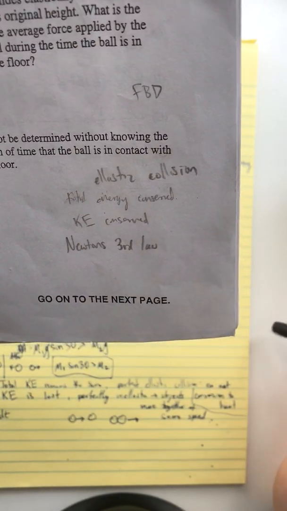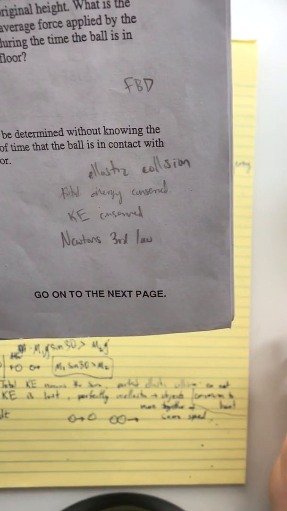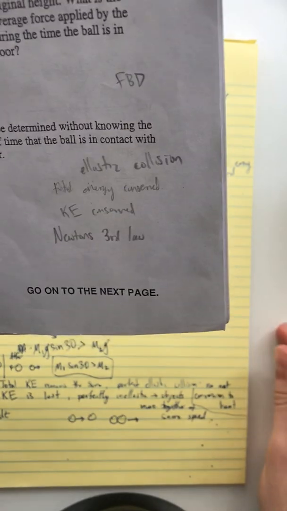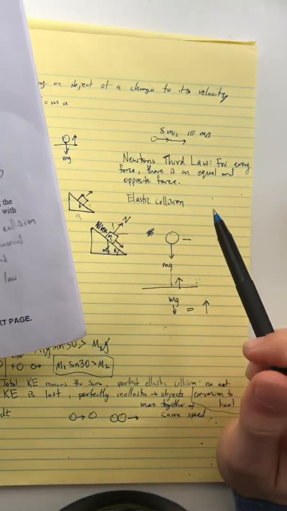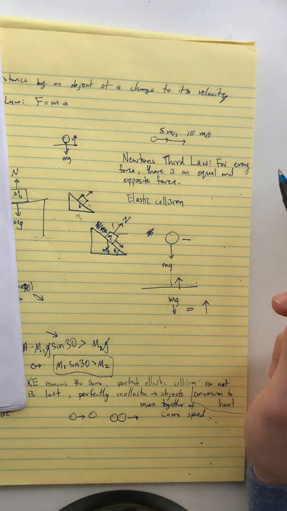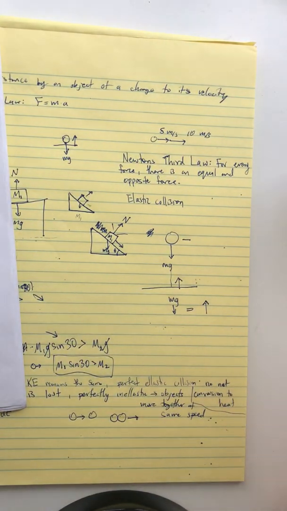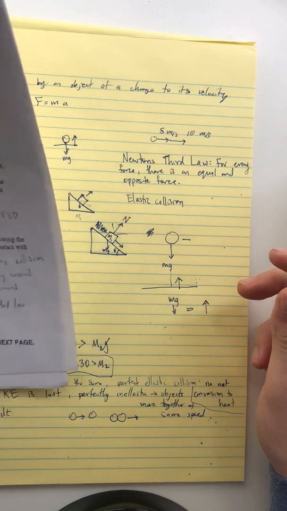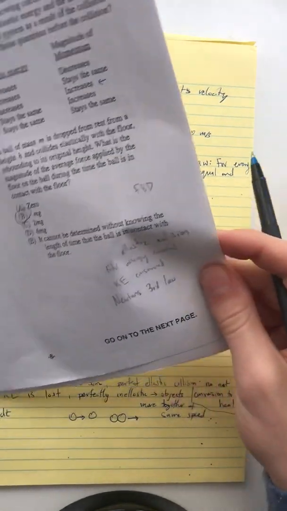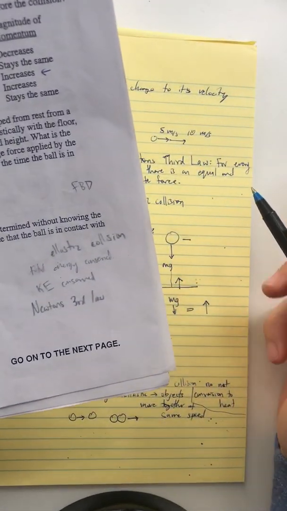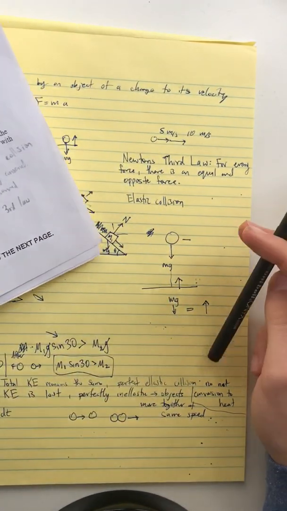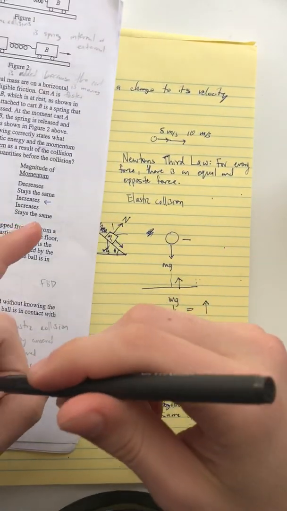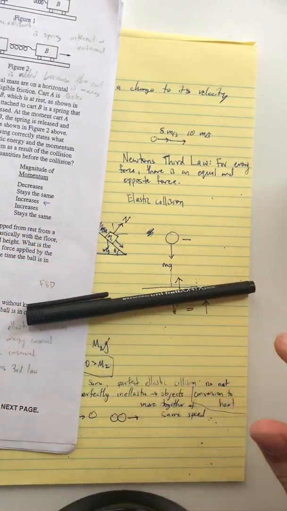And we know that kinetic energy is conserved, and we use Newton's third law because it's an elastic collision. And the time that the ball is in contact with the floor doesn't really matter because of the equal and opposite force idea. And Newton's third law decides that.